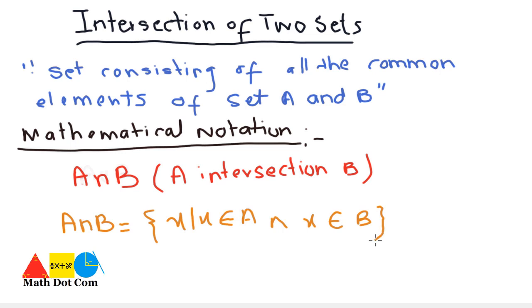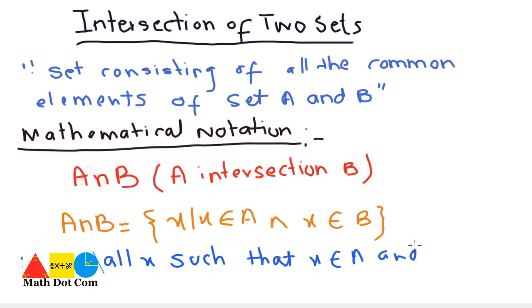Now let's see how you can read it. You can read it as the set of all X such that X belongs to A and X belongs to B. It means X must belong to both A and B. There is a relationship of 'and' between the elements of A and B, that if an element is in A, it must be in B also.